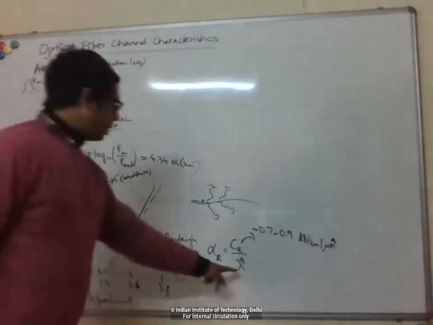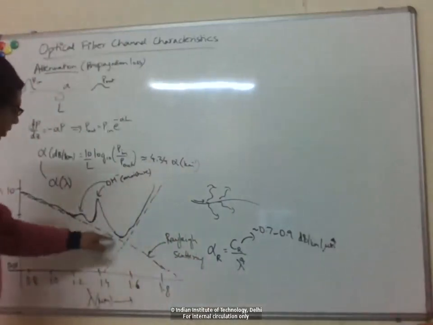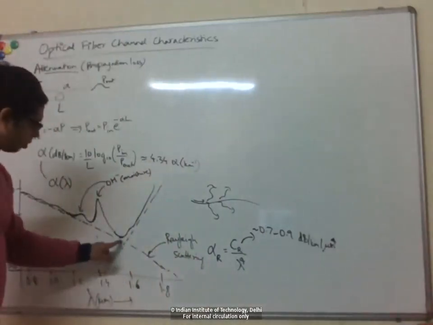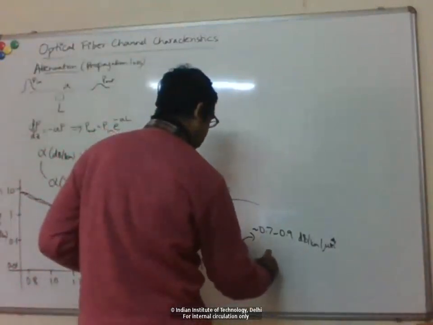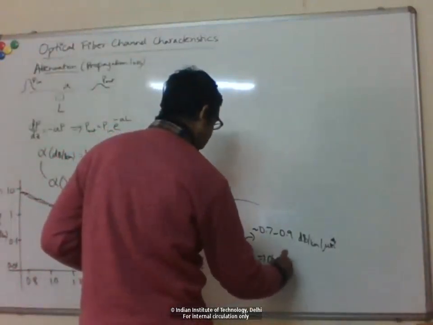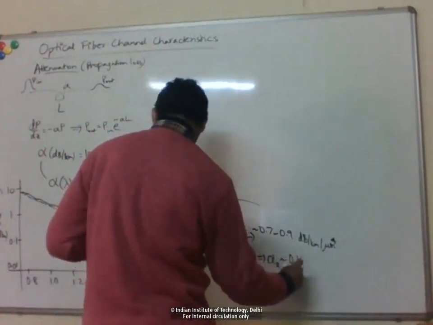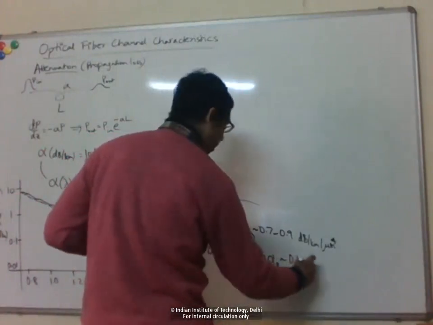If you put lambda at around 1.55 micron, you get a Rayleigh scattering coefficient of about 0.16 dB per kilometer.